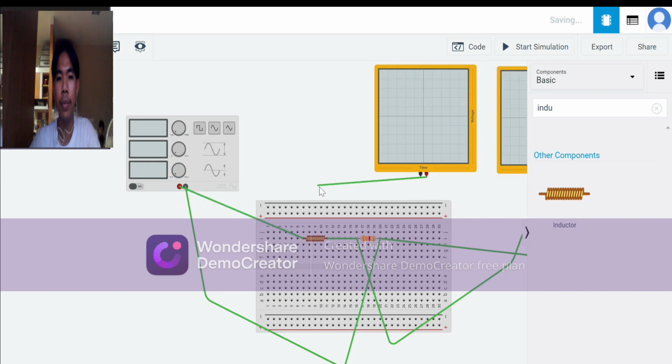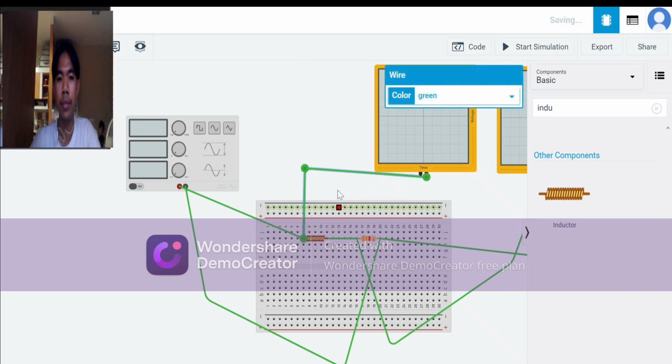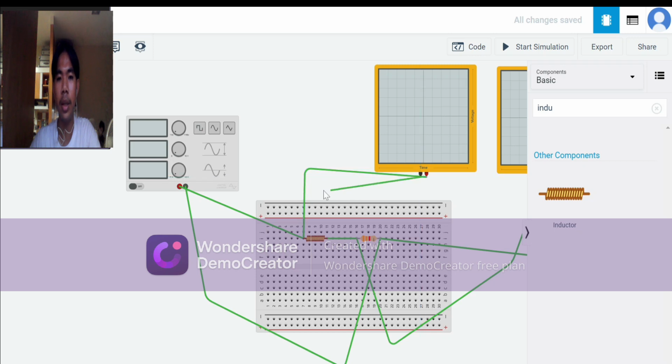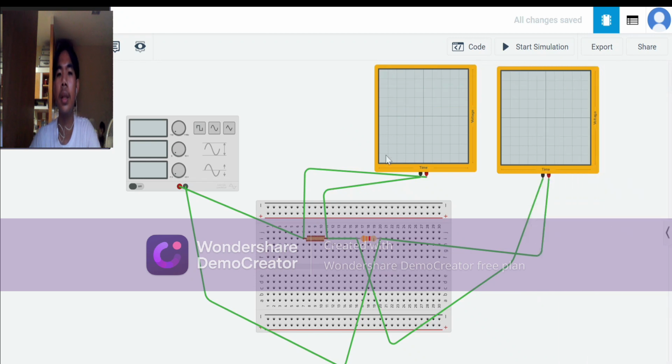And need to measure the signal. The wire is a little bit messy, but it looks more understandable, easy to read.